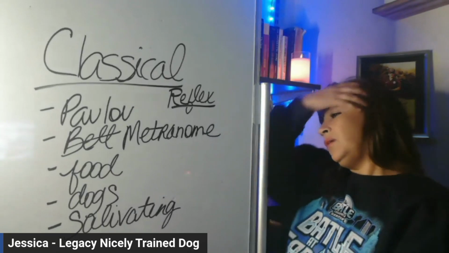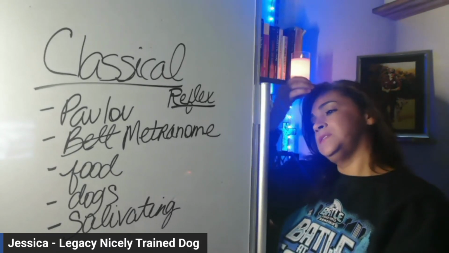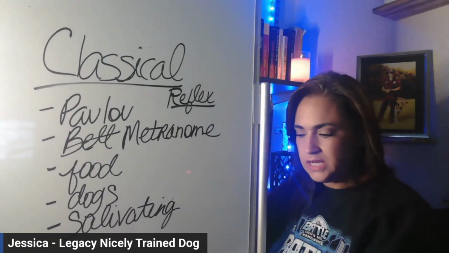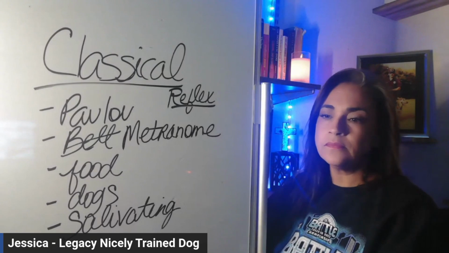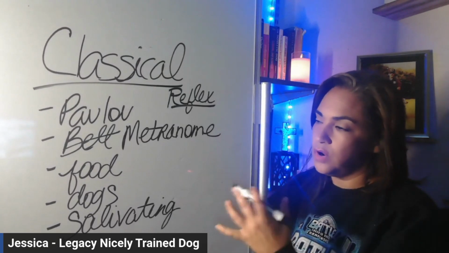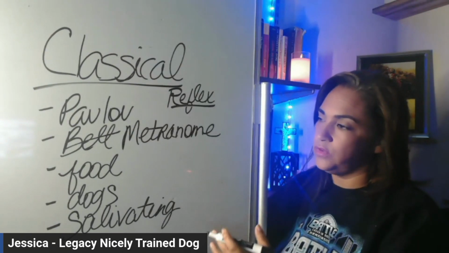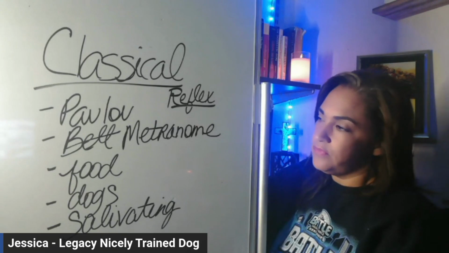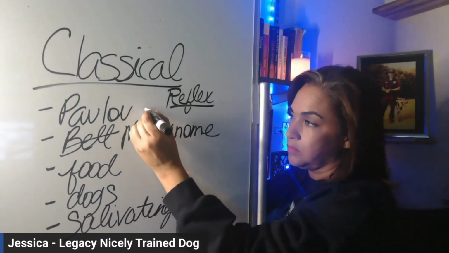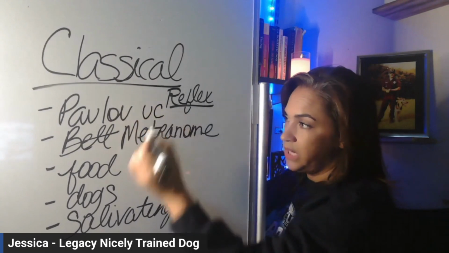So Pavlov was a scientist that was actually a physiologist. He was actually studying digestion. And when he would go to feed the dogs, right before he would do it, he would have a metronome and a light. And those would come on right before he would give the food.